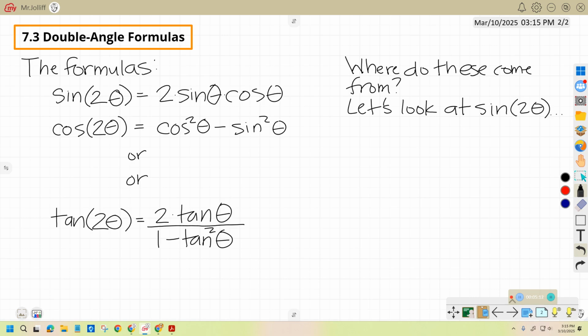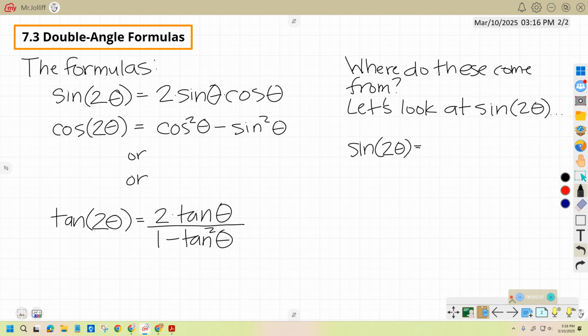So I have sine of 2 times theta. And I want to rewrite that into something more familiar. And at some point in your math journey, you learned that multiplication is shorthand for repeated addition.